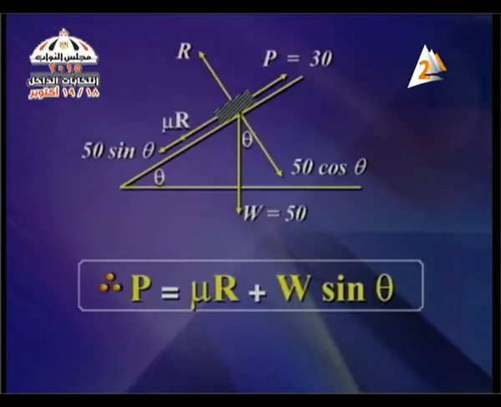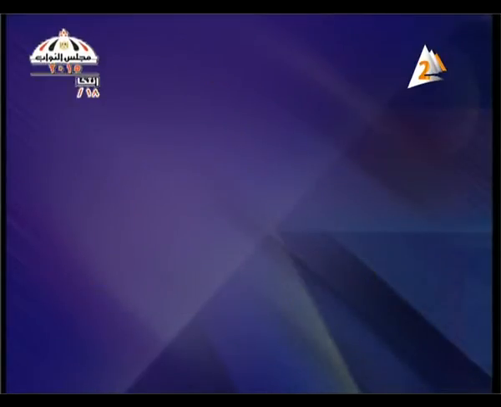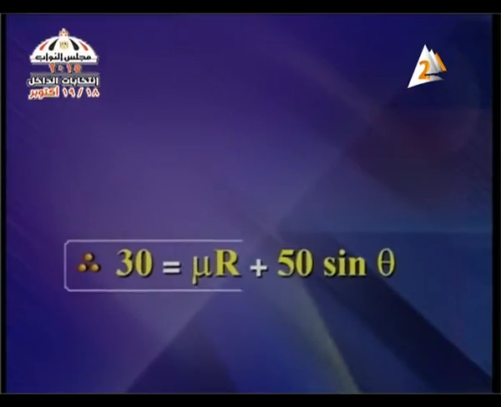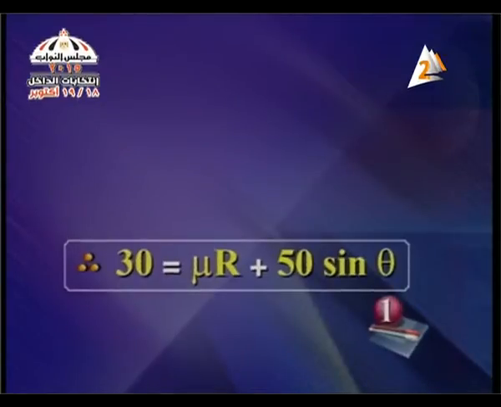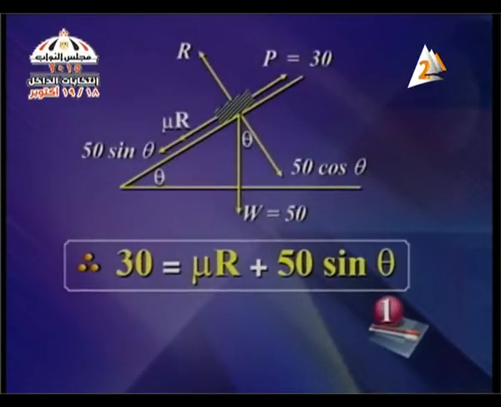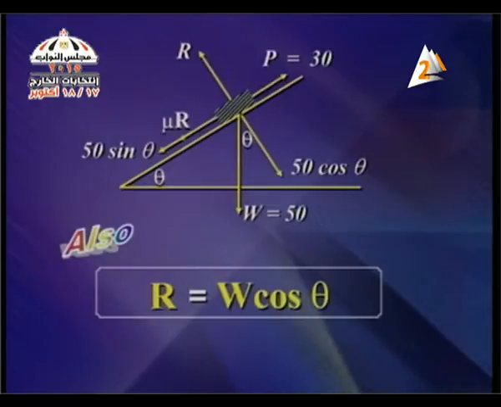Therefore, P, which is upwards, equals what is downwards, which is mu R plus W sine theta, or 50 sine theta. So 30 equals mu R plus 50 sine theta, and this is equation number 1. Also, R equals W cosine theta, and here W equals 50.